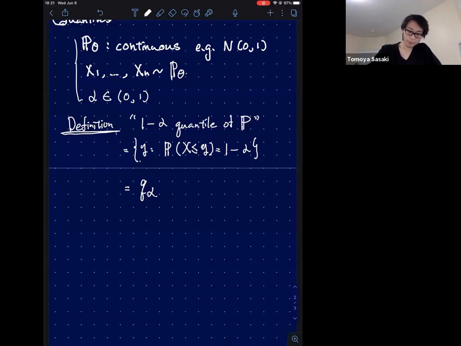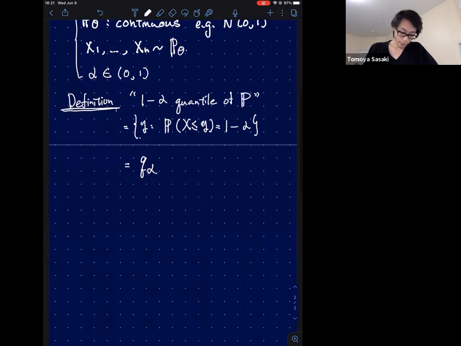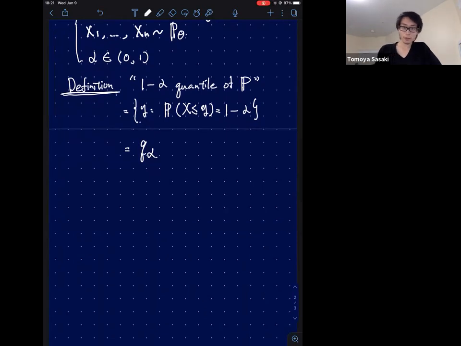This definition may be a little bit hard to get intuition out of. In a second, I'll draw something here to provide some intuition. But do you have any questions so far for this definition?